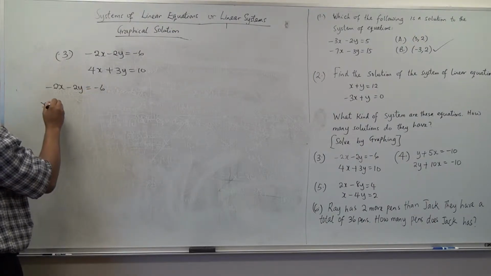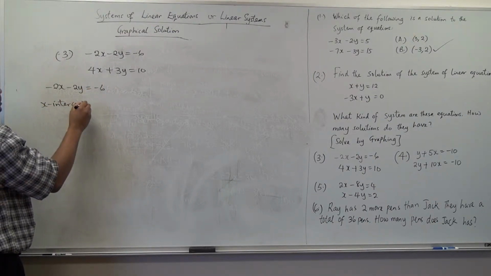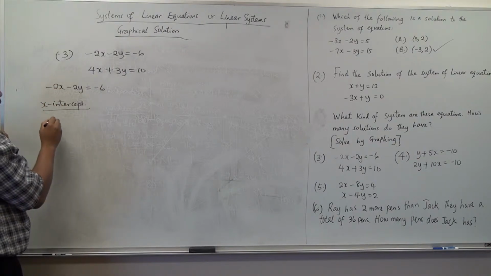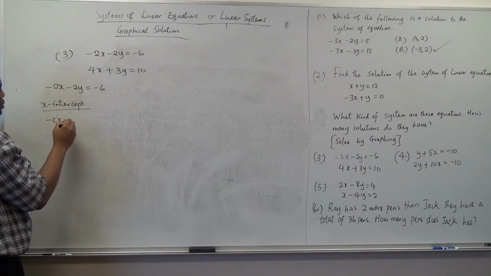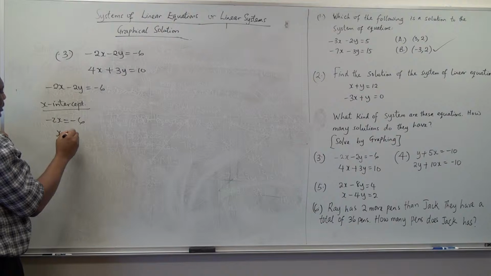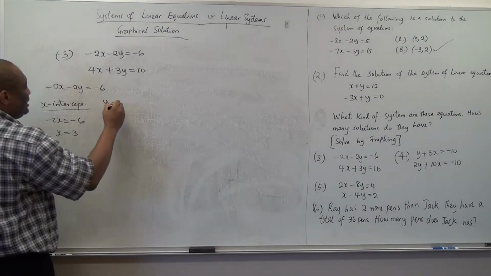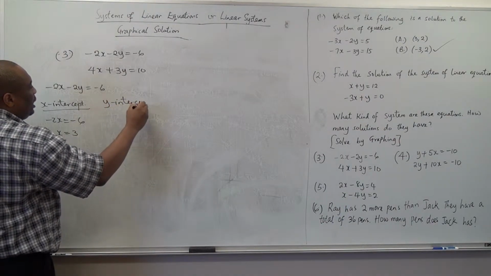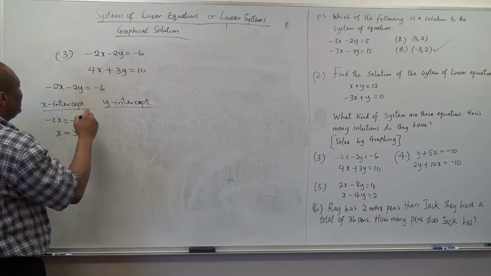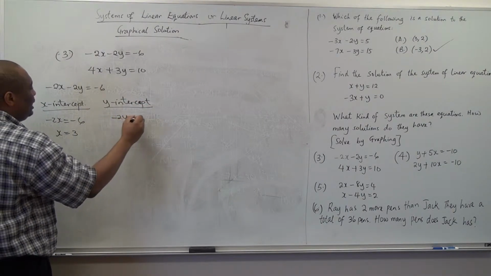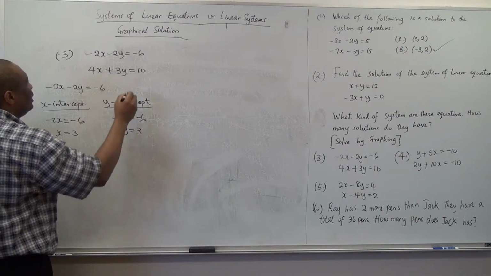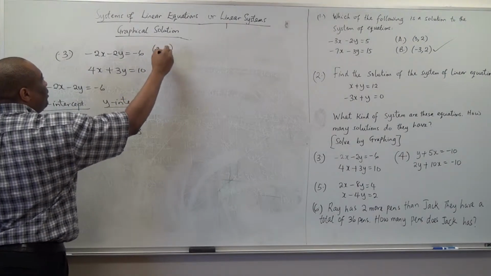X-intercept, you find the x-intercept. And that is negative 2x equal to negative 6. X will be 3. Then y-intercept will be negative 2y equal to negative 6. Y will be 3. So this is 3, 3, right?